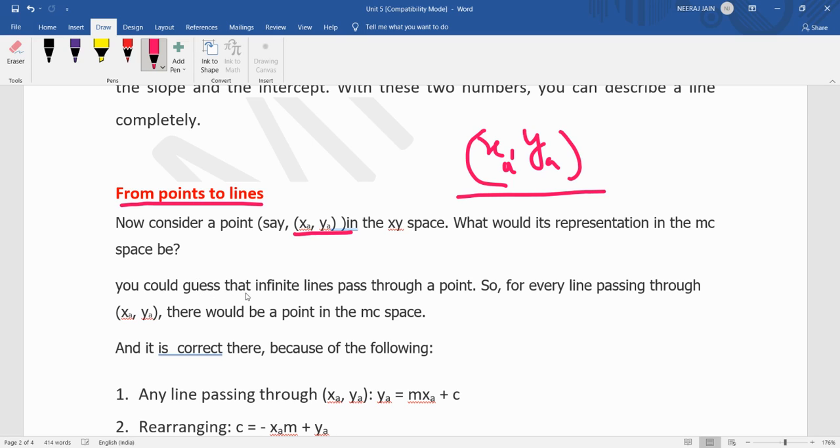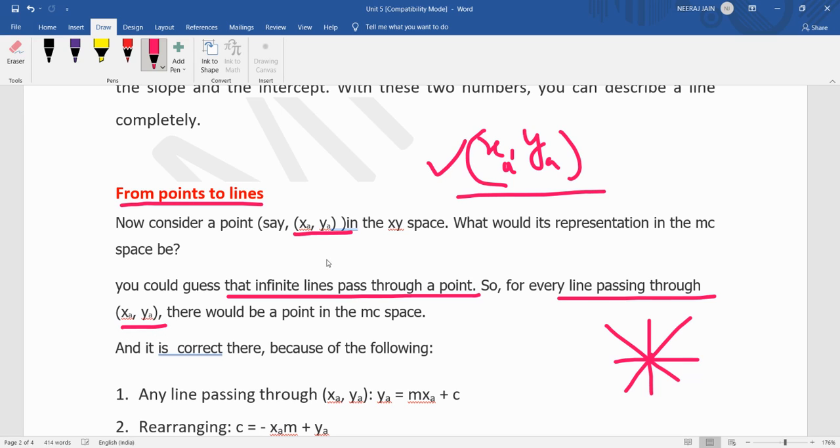We can assume that an infinite number of lines pass through a point, because if there is a point, there can be several lines that can pass through this point. So for every line passing through (xa, ya), this given point would be a point in the MC space.